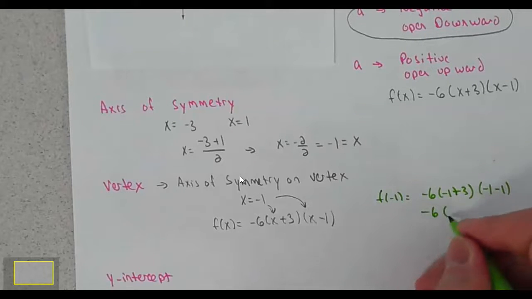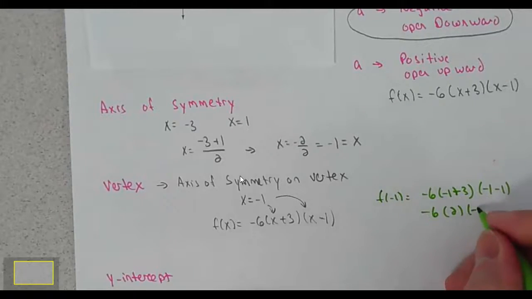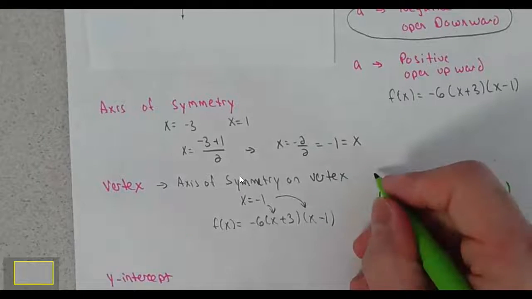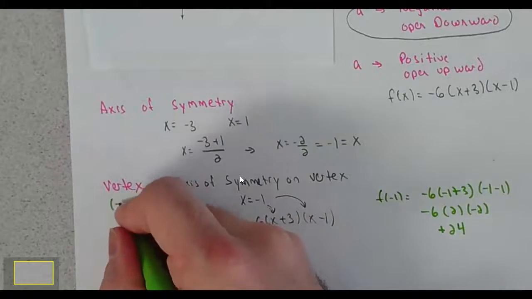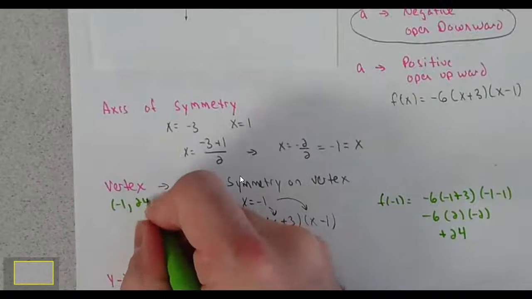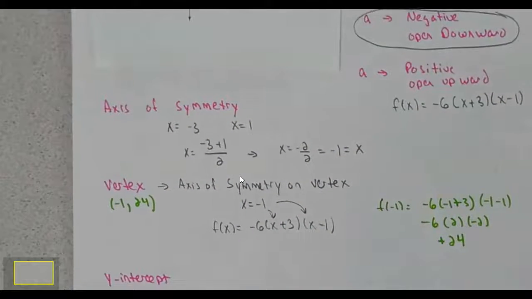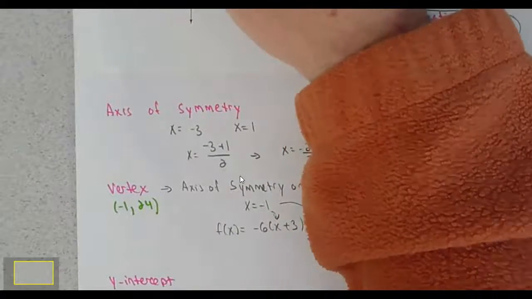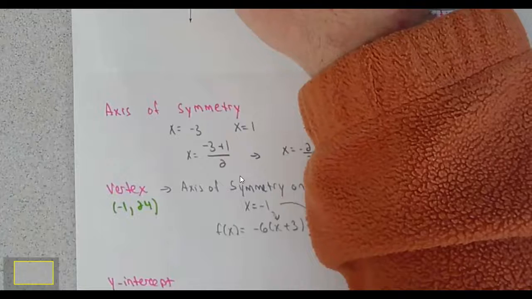So I get -6 times 2 times -2. And I think I get it to be positive 24. So your vertex is going to be at -1, positive 24. So I'm just going to kind of sketch that and approximate that right here, this is my vertex, -1, 24.